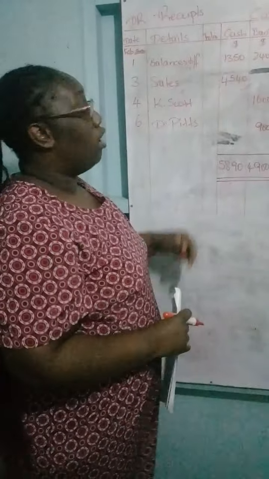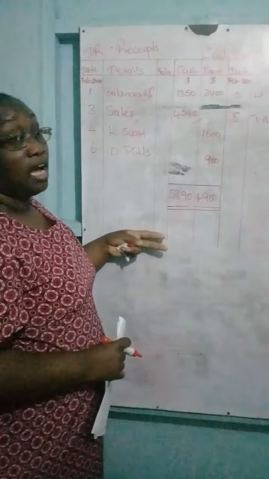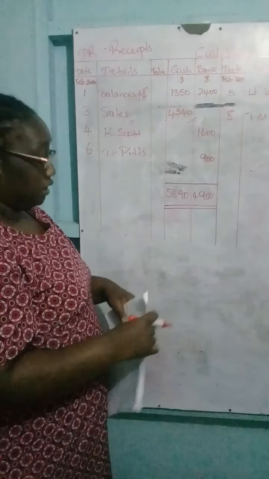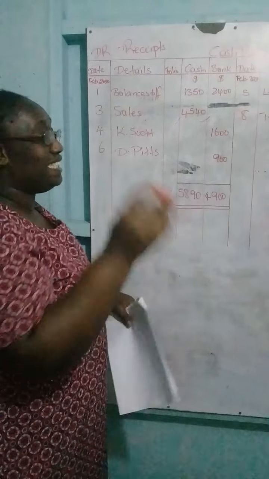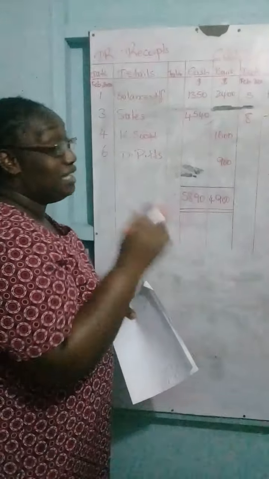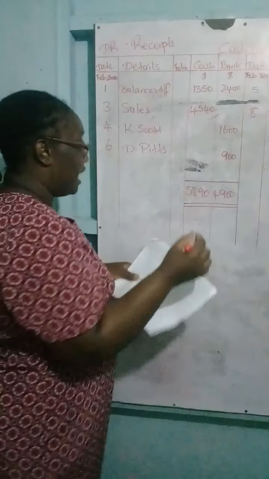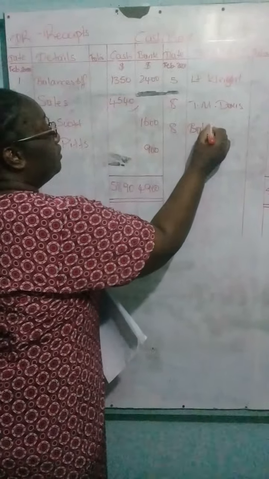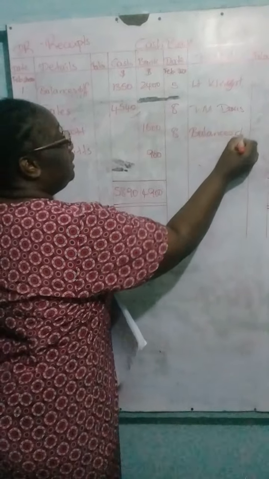Okay, now from all indication, our debit side is larger. So the difference is on the credit side. Now this amount we call the balance CD, right? Which is the difference between the debit and the credit side. So our last transaction is on the 8th, so we write the CD as that. So we have balances CD.